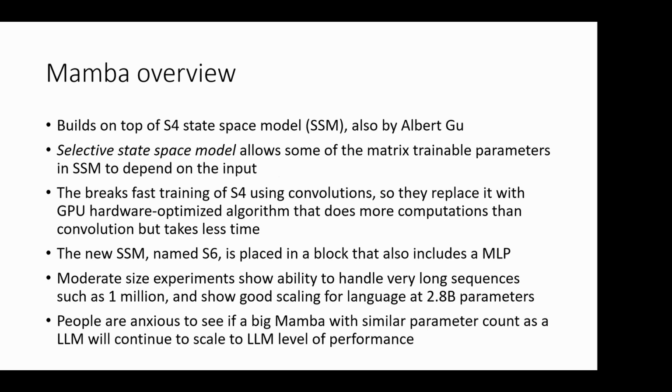Okay, so the overview of this is that Albert Gu worked on state space models. He worked on and developed S4, okay? And so now he's building on this and creating this selective state space model that allows some of the matrix trainable parameters to depend on the inputs, as it said in the abstract.